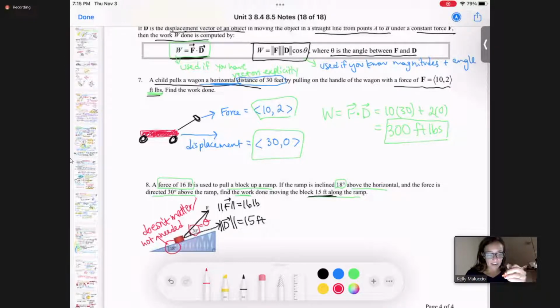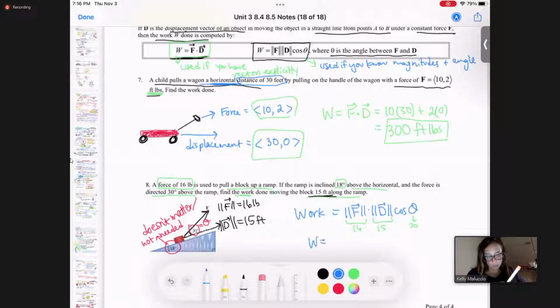So now our work is going to equal the magnitude of F times the magnitude of D times the cosine of theta. We know this was 16, this is 15, and this is 30 degrees. So we can actually get an exact answer here again.